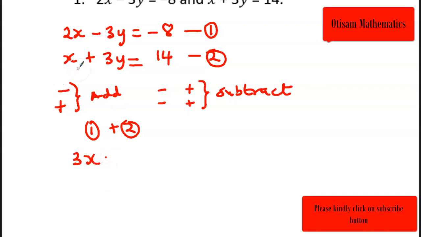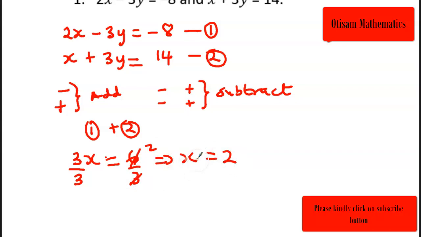Now minus 3y plus 3y will go, we have 0. Then minus 8 plus 14 is equal to 6. We want to find x. We divide both sides by 3. This implies that our x is equal to 2.